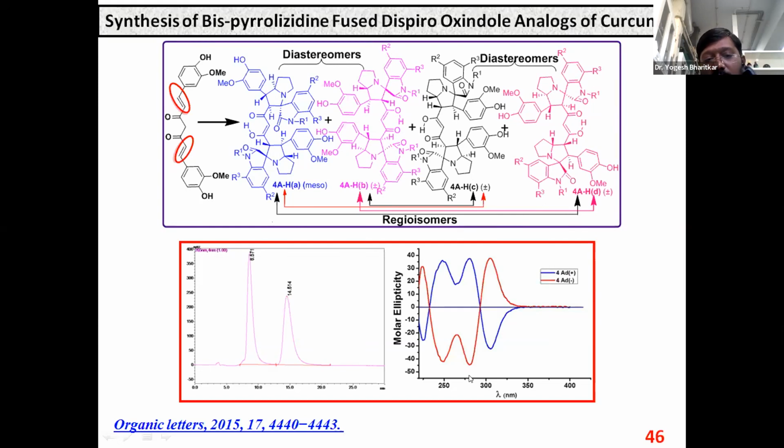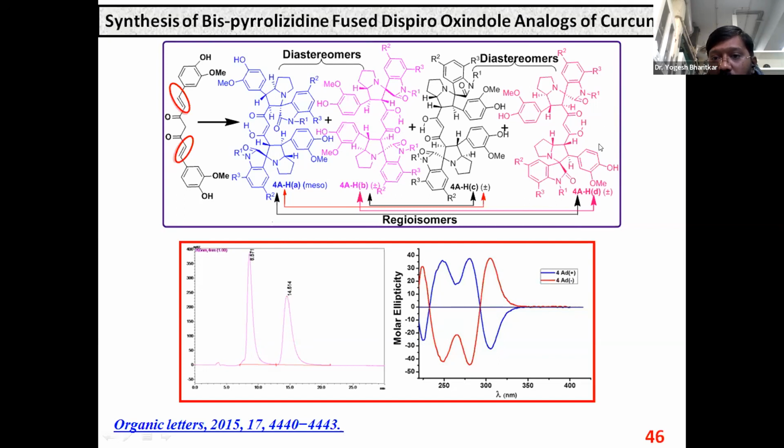In this case we did chiral HPLC for all molecules, but we went with only one for chiral HPLC and CD. These are the two enantiomers in chiral HPLC, and this is the CD. You can see the plus and minus enantiomers give exactly mirror-image CD spectra, which is what we generally get for a chiral molecule.